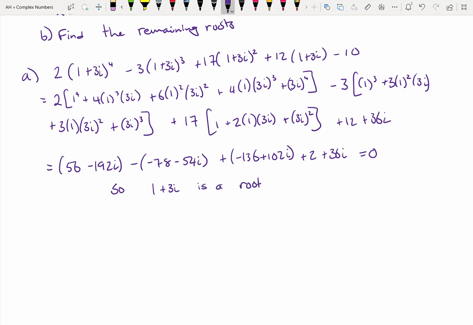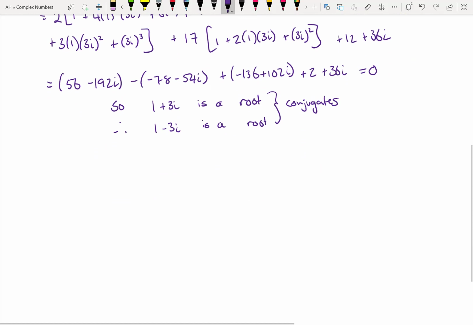And so from that, 1 plus 3i is a root. And therefore we've also got 1 minus 3i is a root. And we are remembering that is because they are conjugates. So what we are looking to do now though is we need to find the rest of the roots. Okay, it wasn't enough just to prove that one happened.